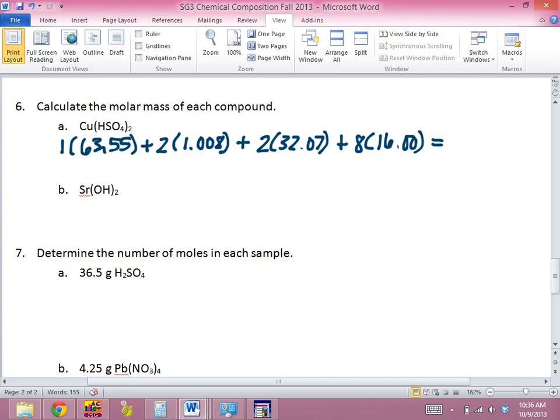So we're taking that formula and seeing how many of each piece are there, and what do those pieces weigh, what do the atoms weigh, and then we're adding them all up.